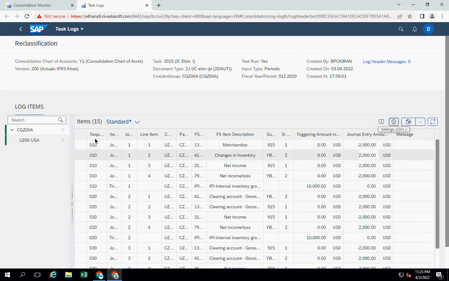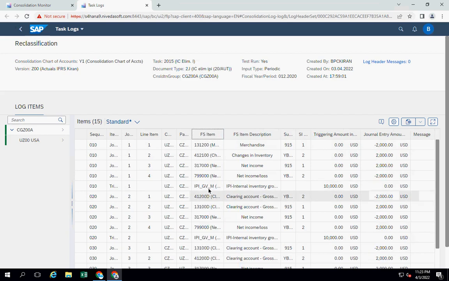These entries are the first sequence. The triggering amount is 10,000, which you posted in IPI_GV_M. From there 20% is calculated, and the net income earnings effect plus changes in inventory, merchandise entries are posted. In the next sequence, the same amount, 10,000 USD, is taken.